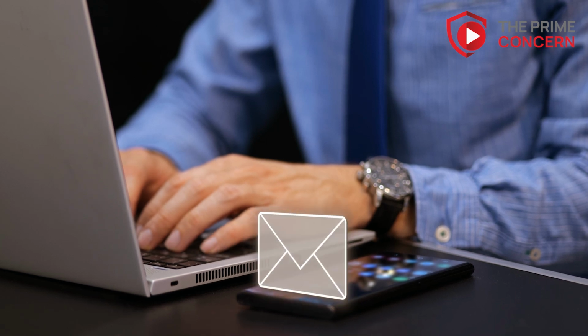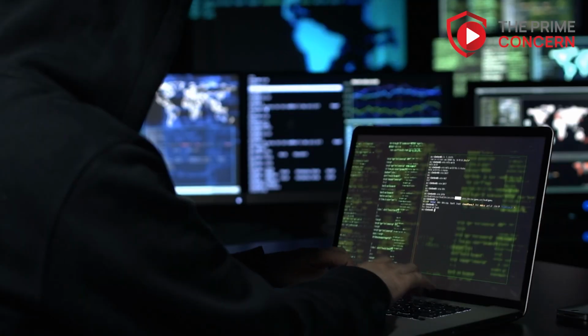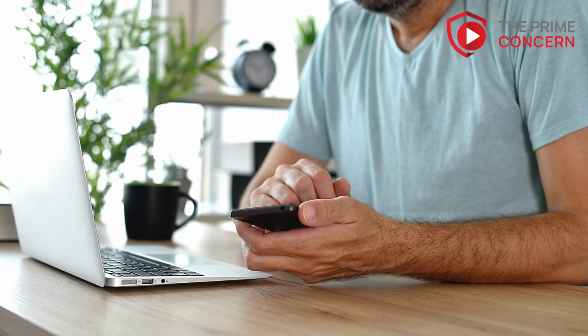We can then also look at additional controls like multi-factor authentication, which by now has become somewhat of a standard. Back in the day, multi-factor authentication was like the silver bullet, right? If you had MFA turned on your Office 365, for example, you could be pretty confident that it was going to be very, very hard for someone to hack into it, because not only did they need to know your username and your password, but they also had to have the code that was maybe on your phone.